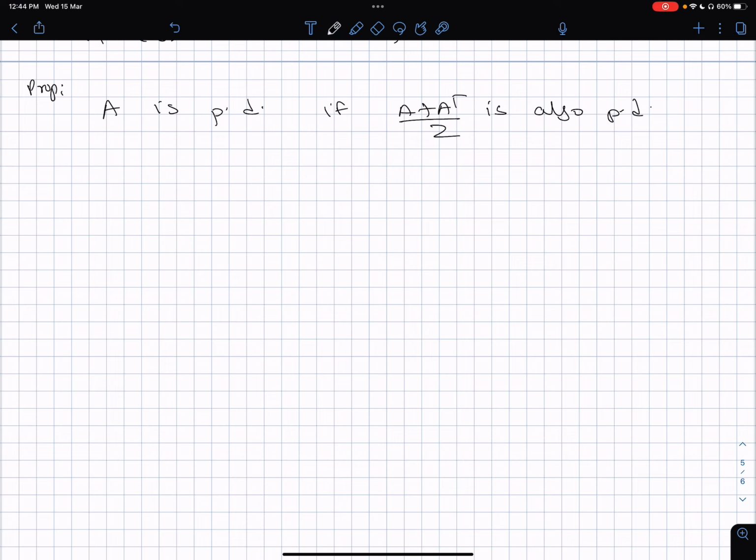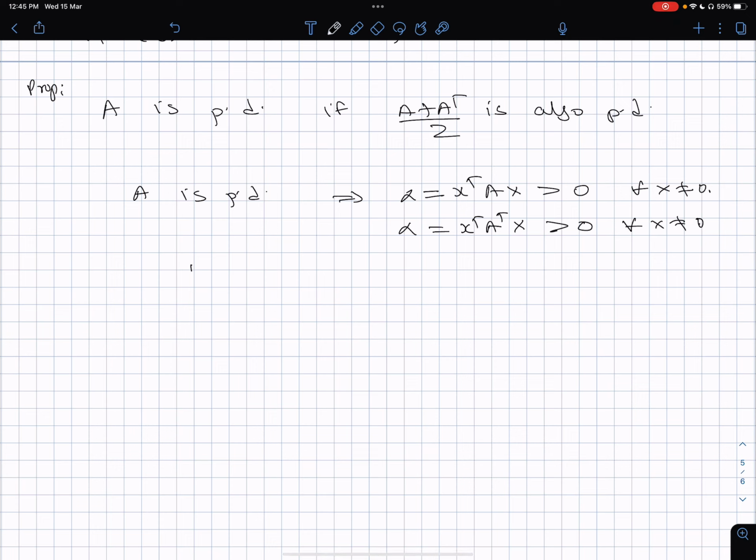So let's start with A positive definite. This means that x transpose Ax, which we call alpha, will be greater than 0 for all x not equal to 0. Therefore, if I take the transpose, because alpha is a scalar, it also means x transpose A transpose x is greater than 0 for all x not equal to 0.